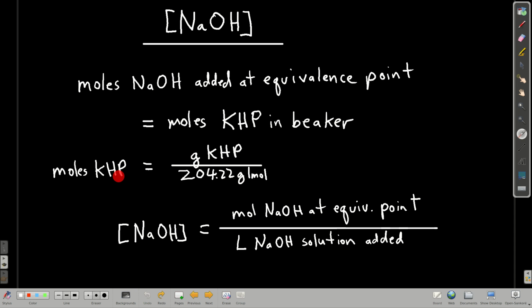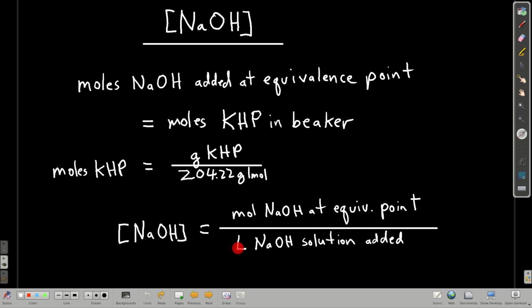Once you know moles of KHP, you know moles of sodium hydroxide at the equivalence point. So to get the concentration of sodium hydroxide, all you do is take that number of moles, which is the same at the equivalence point as the moles of the KHP you put in there, which you calculated this way, and then you divide by the liters of sodium hydroxide solution. You found the equivalence point on your titration curve, and you read the pH and the volume of sodium hydroxide solution added in milliliters.